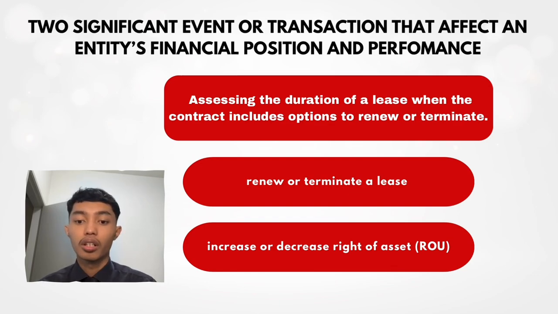This will increase the right-of-use asset and the lease liability recorded in the financial statements. On the other hand, if the company expects to terminate early, the lease term becomes shorter and the asset and liability will decrease. Therefore, assessing the lease term is considered a significant event because it has a material impact on both the company's financial position and financial performance.